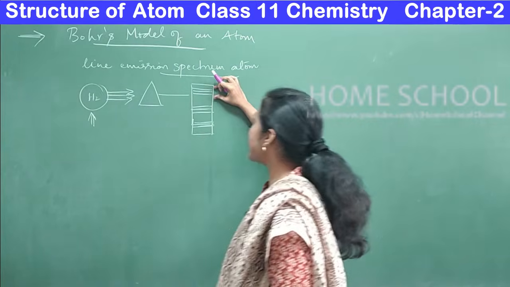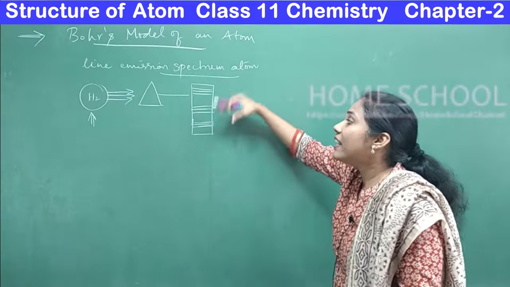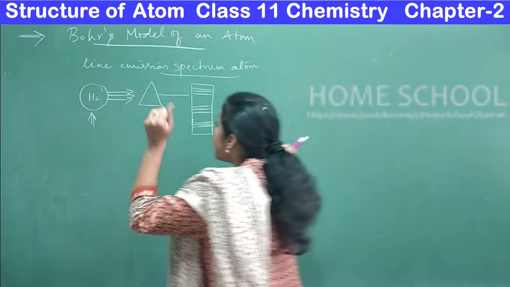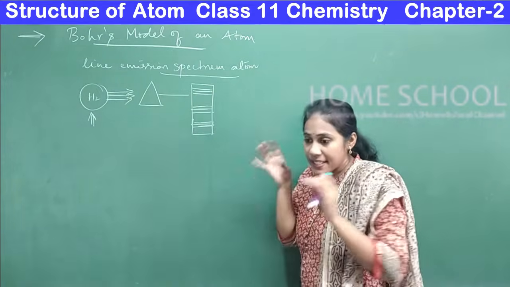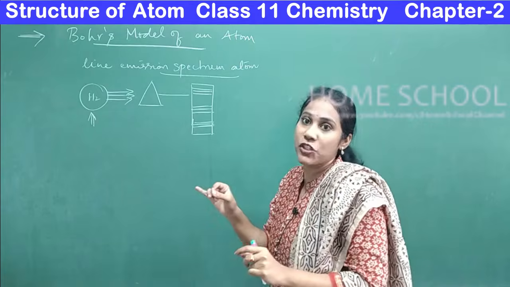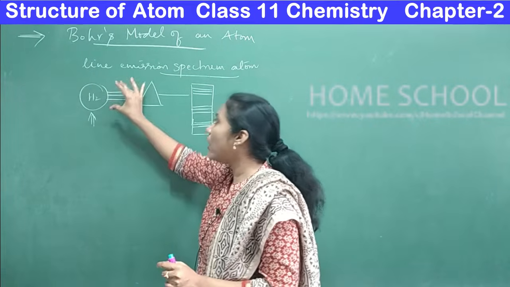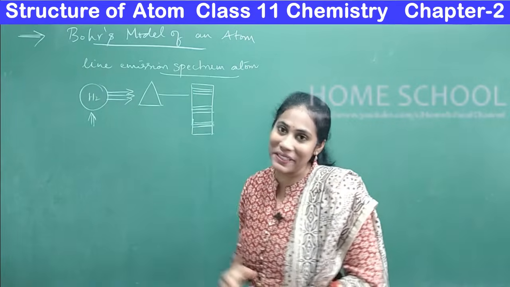This is one series of lines, this is another series of lines, this is a third series of lines. Like that he observed series of lines. He carefully studied this particular spectrum, and Bohr was successful in giving an explanation about why and when an atom or molecule or any chemical substance can emit radiation.